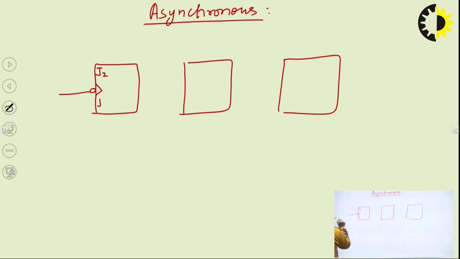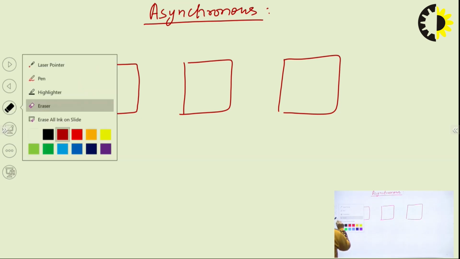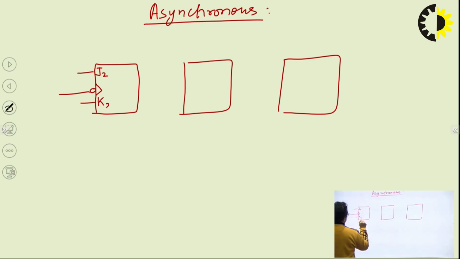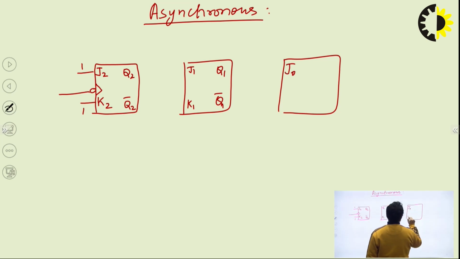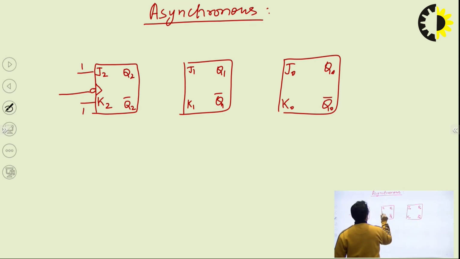We will consider the flip-flops as JK, with both inputs as 1. We have Q2 and Q2 complement, similarly J1, K1, Q1, Q1 complement, J0, K0, Q0 and Q0 complement. All flip-flops are negative edge triggered.